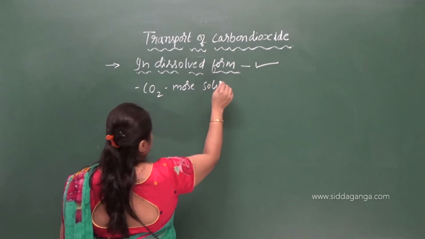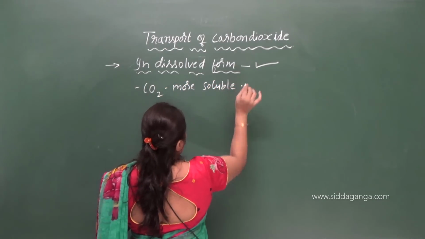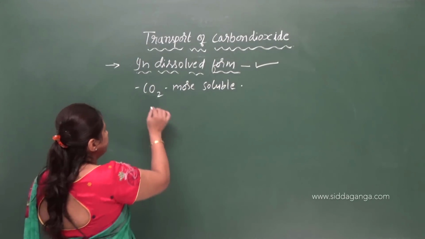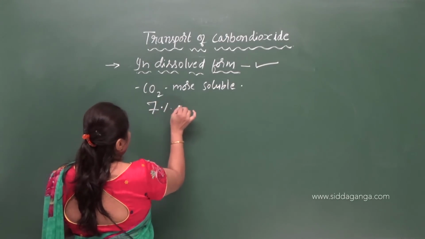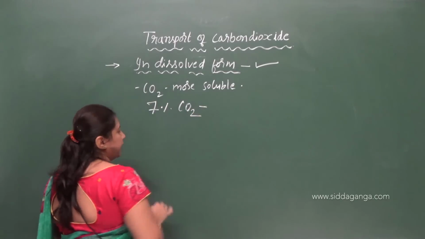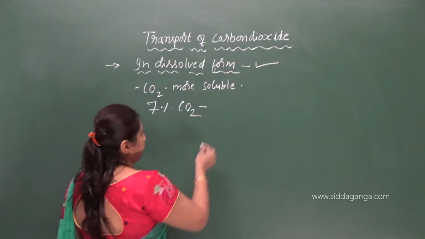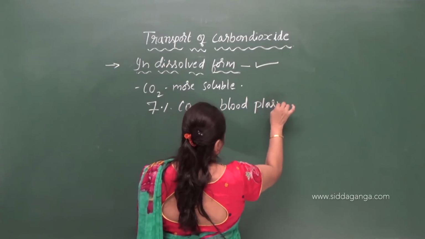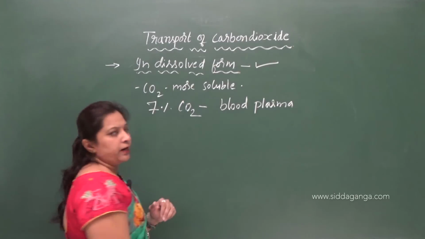Hence, about 7% of carbon dioxide gets dissolved in the blood plasma.